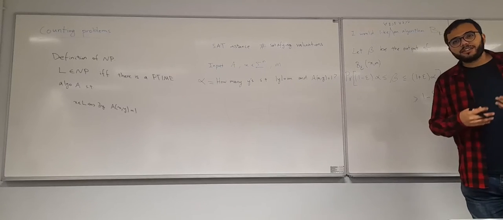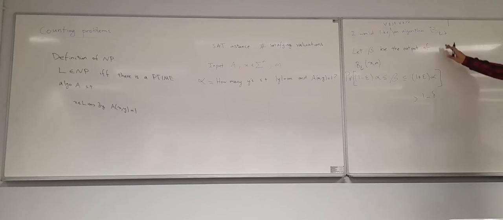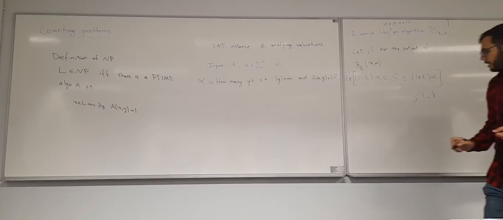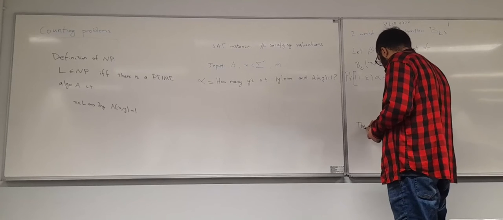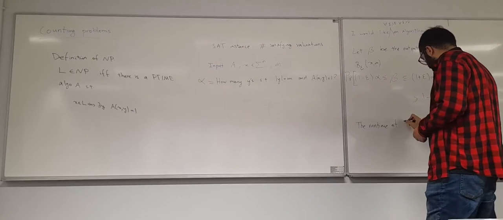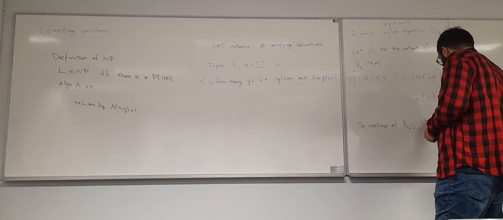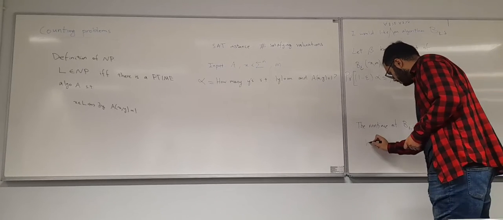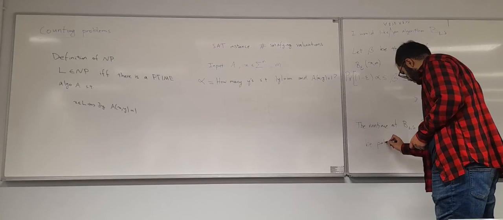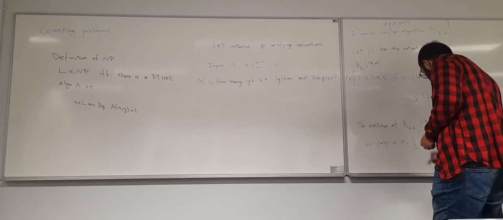So again, remember when we were talking about FPT tasks, we said that we want our runtime to be polynomial in the size of the input, which was n, and also in 1 over epsilon. Okay? So here I say the runtime of V epsilon delta should be polynomial in n and 1 over epsilon.